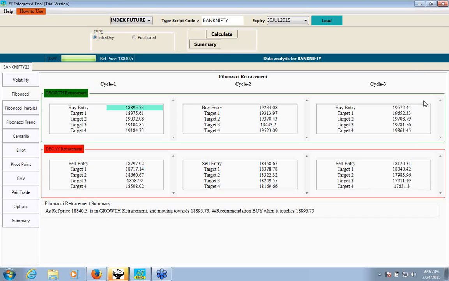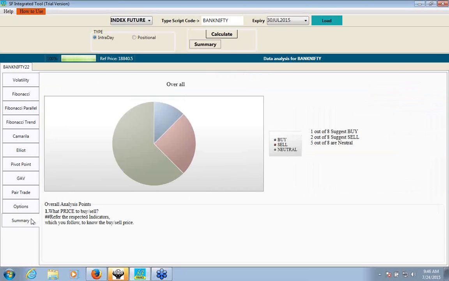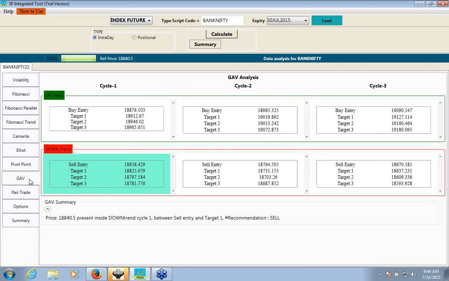So this summary is given to give you confidence that yes, most of the studies are recommending to buy, let me buy. Most of the studies are recommending me to sell, so let me sell. This is the meaning of this summary. After seeing this summary, you can follow any one of the things which is convenient for you.